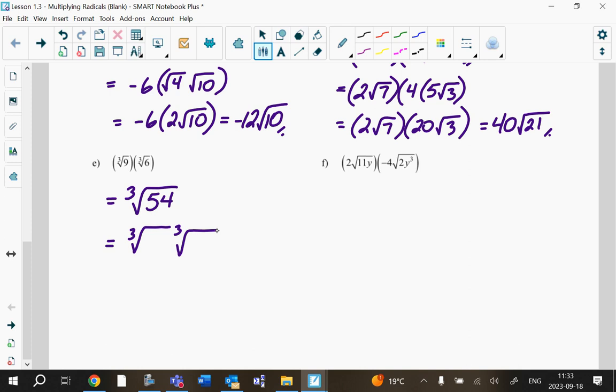Well, you'll have to check and let me know. 27. 27, how many times? 2. And what is the cube root of 27? You should know this. 3. And you can't do anything with the other one, so it's cube root 2.